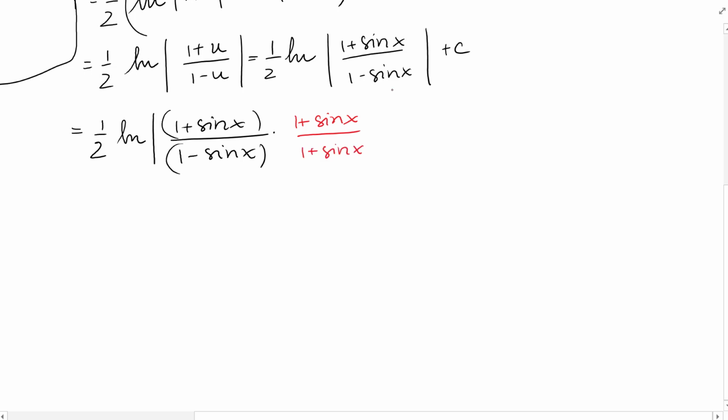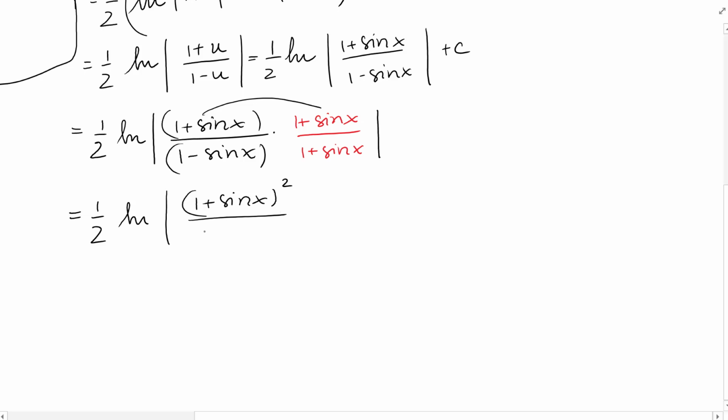Again, I'm not making a major change to my expression because 1 plus sine of x over 1 plus sine of x is 1. And then, when we multiply the numerators together, we're going to get 1 plus sine of x squared. I'm not going to expand. And 1 minus sine of x times 1 plus sine of x is 1 minus sine squared of x, because of a minus b times a plus b.